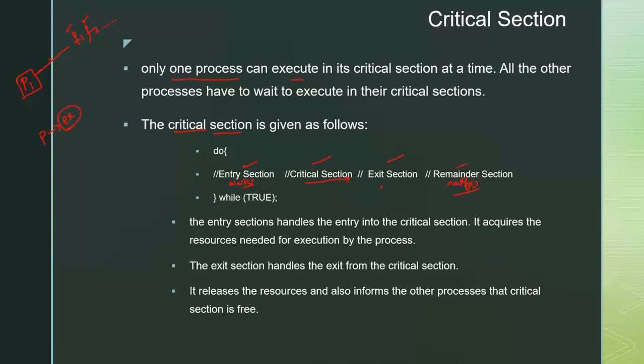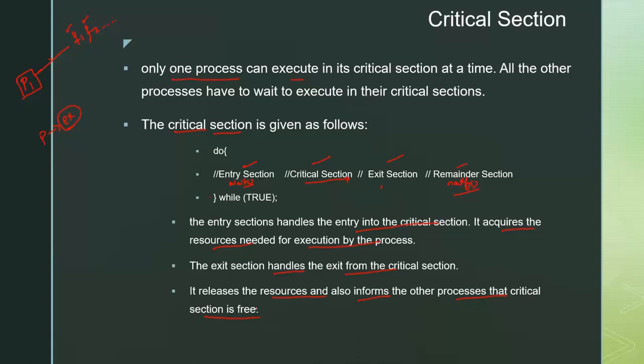So the entry section handles entry into the critical section. It acquires resources needed for the execution of the process. The exit section handles the exit of the critical section. It releases all the resources and also informs other processes that the critical section is free. It is just like a keyboard.